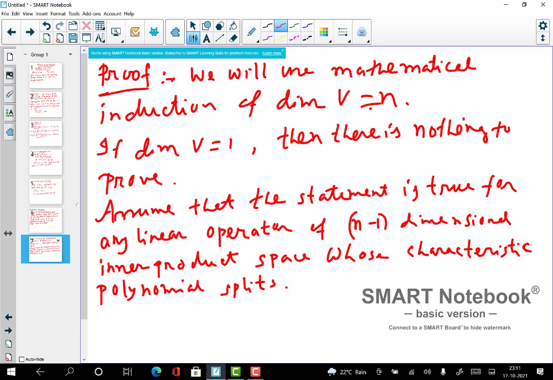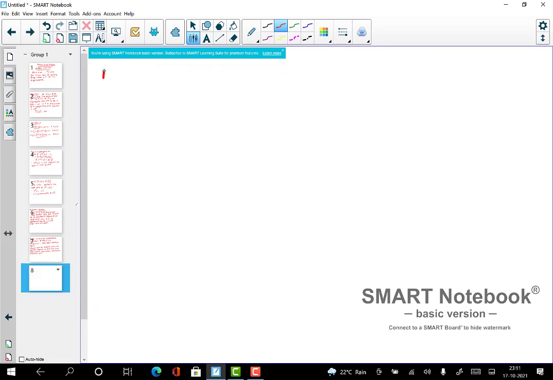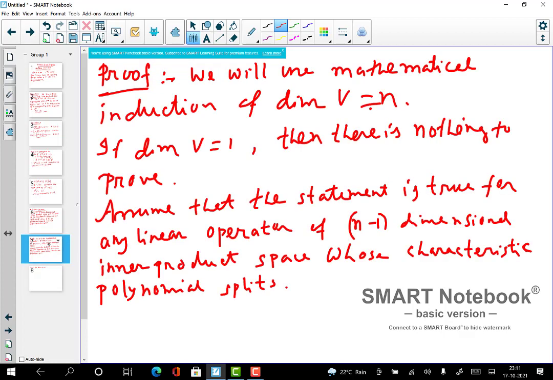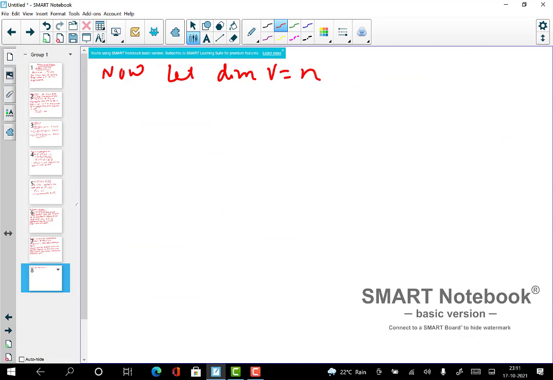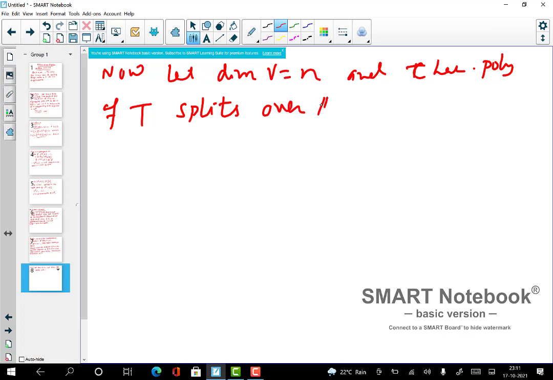Now assume the dimension of V equals n, and the characteristic polynomial of T splits over F. Then obviously, what does that mean?